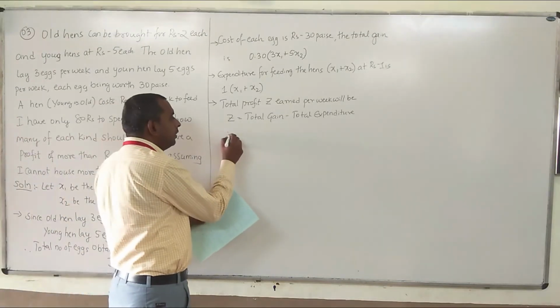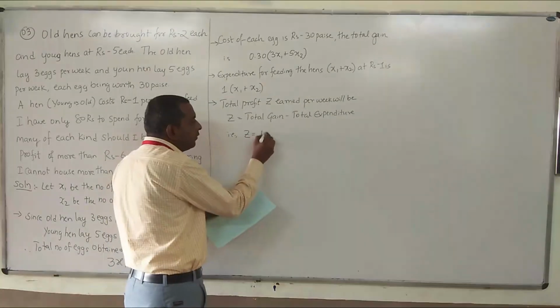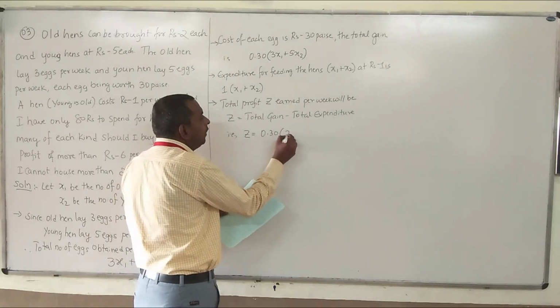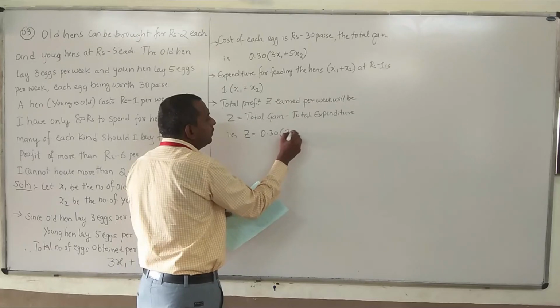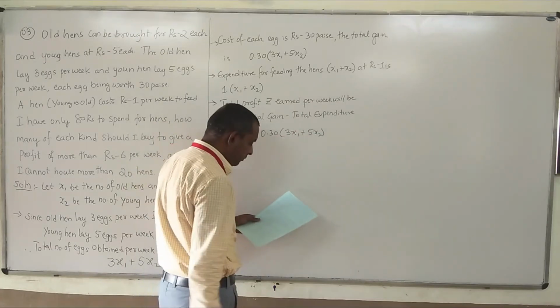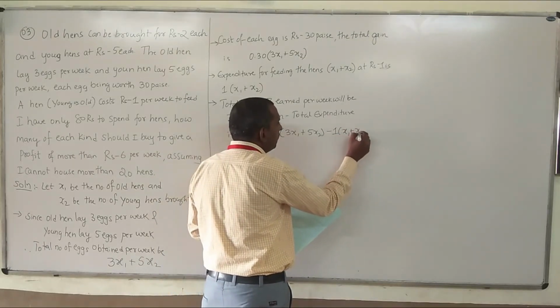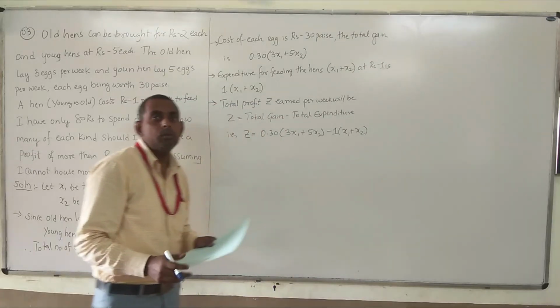That is Z equal to 0.30 into (3x1 plus 5x2) minus 1 into (x1 plus x2).